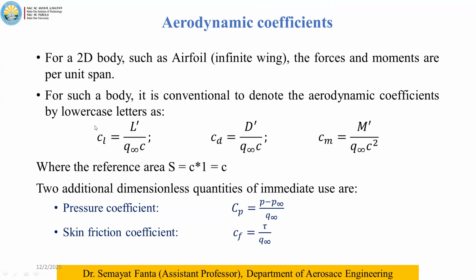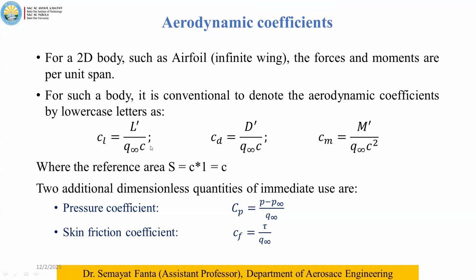For that, the dimensionless aerodynamic coefficients are represented by small letters. So cl small indicates airfoil lift generation: airfoil lift divided by Q times C. It is not Q times S. S is the planform area, but here it is C, the chord of the airfoil.